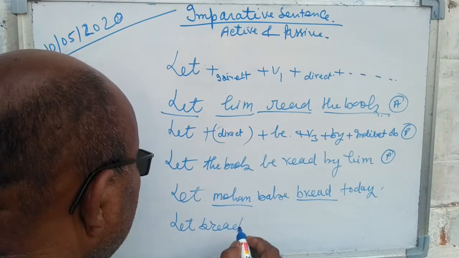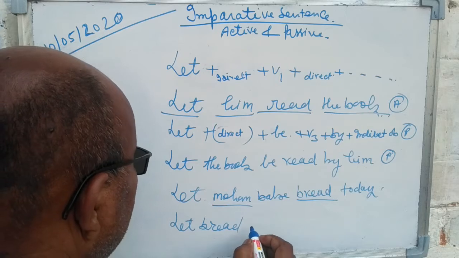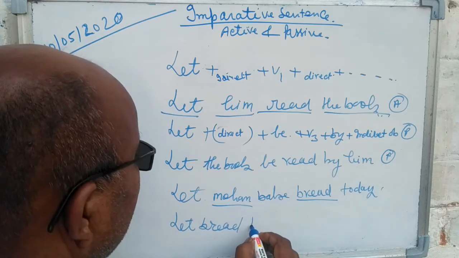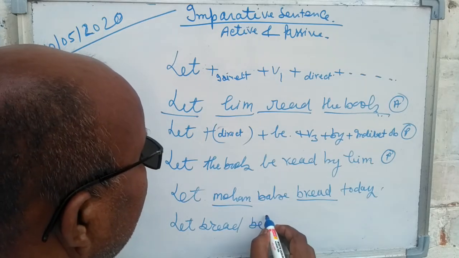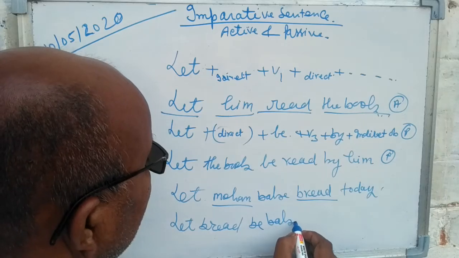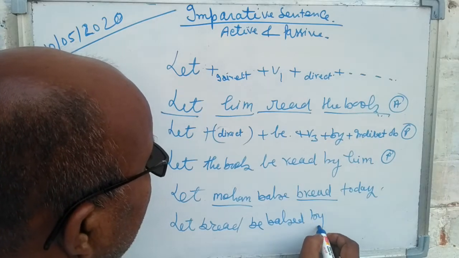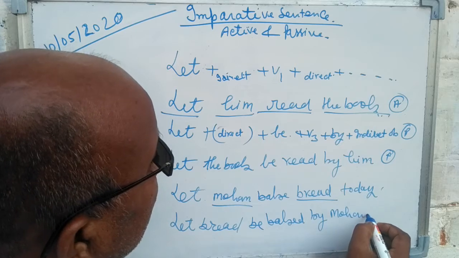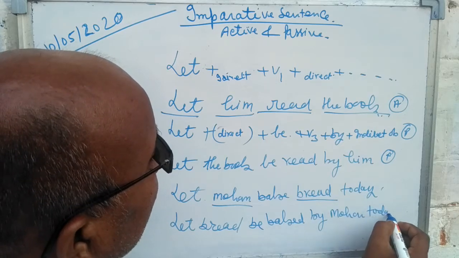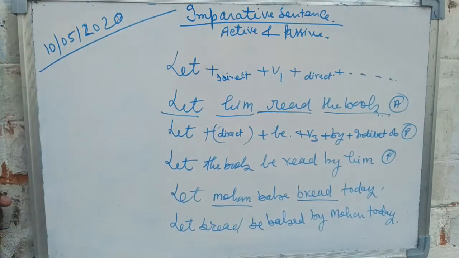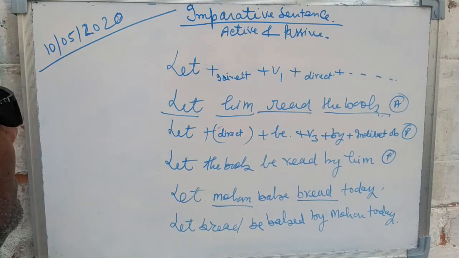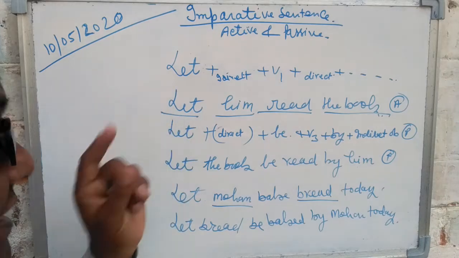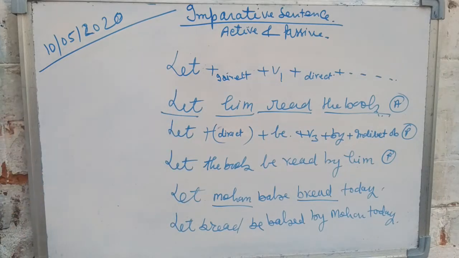The direct object is generally non-living. Let bread be baked by Mohan today. Thus, you can change an active sentence based on let into passive.